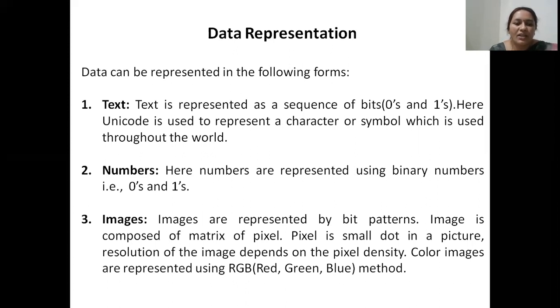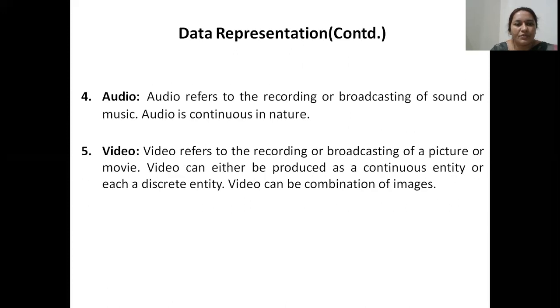When it comes to color images, each pixel is represented using 3 kinds of phosphors: red, green and blue phosphors. Whenever the pixel illuminates, the RGB combination of phosphors are used to generate the required colors. So basically, images are also represented as a matrix of binary pixels on computer network.